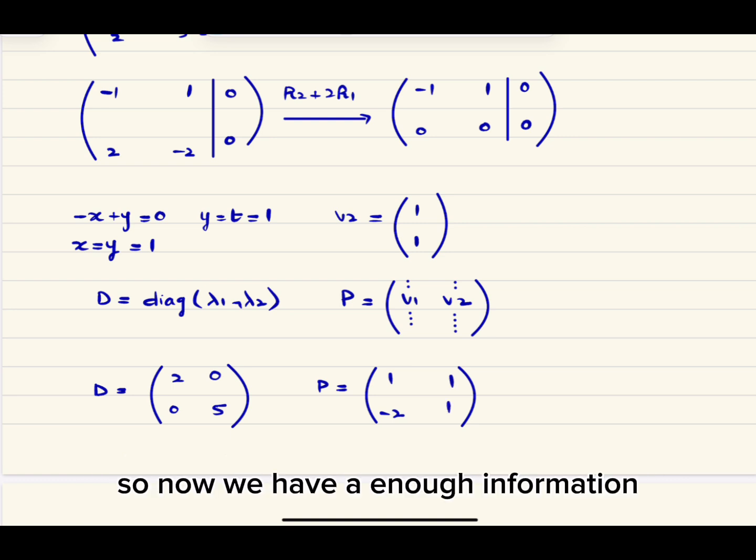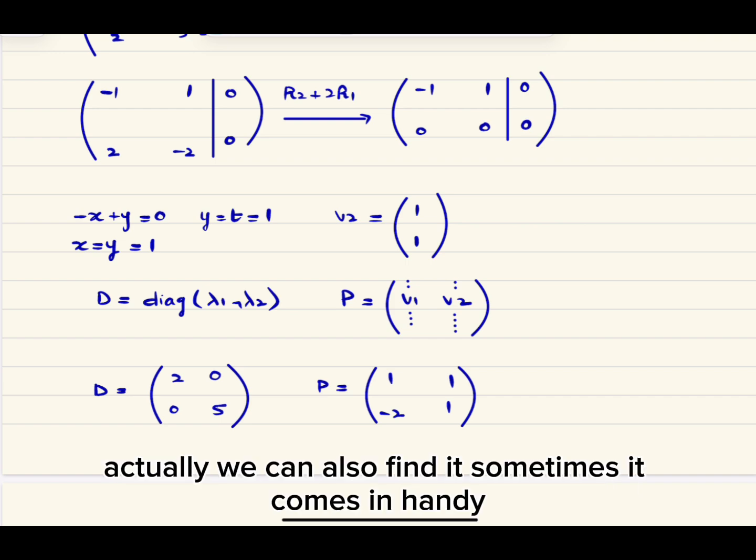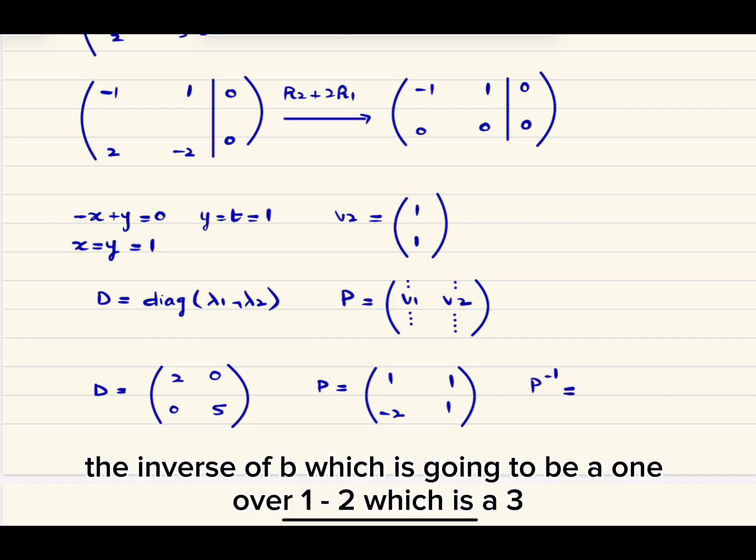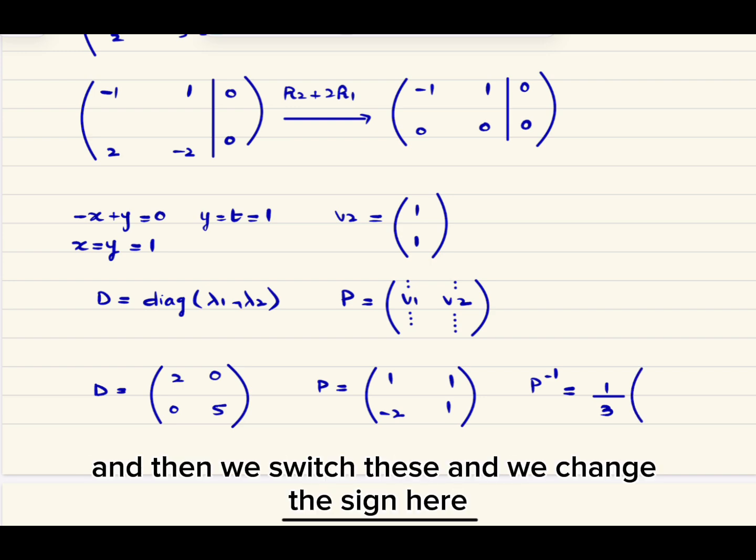So now we have enough information. Sometimes it comes in handy to find the inverse of P, which is going to be 1 over 1 minus 2, which is 3, and then we switch these and we change the sign here.